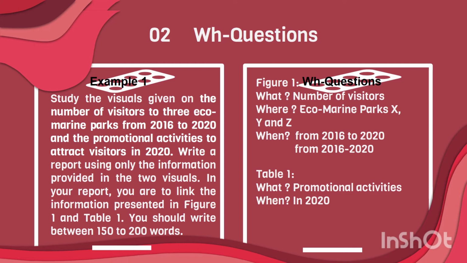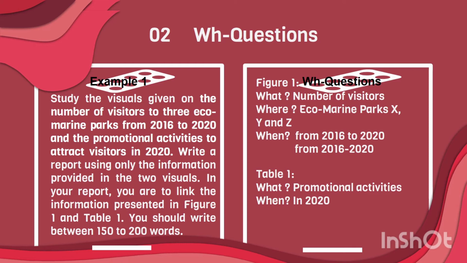Yeah. So now we shall look at table 1. What is table 1 about? Oh, it is about the promotional activities. Just now I have gone through all those promotional activities in table 1. So you just have to recall. When is it? Right? It is only in 2020, not other years. Yeah? Only in 2020.